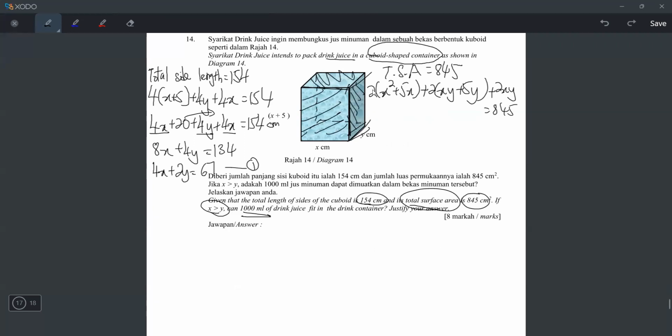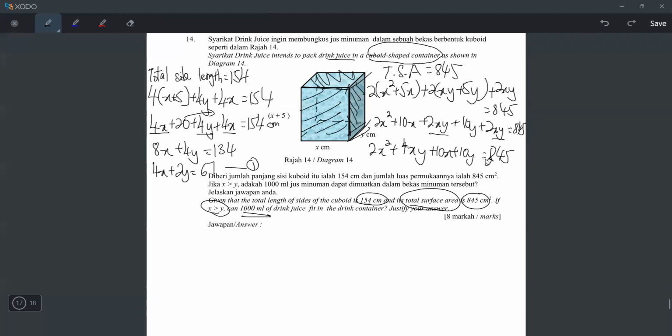Equals to 845. So now you expand, you get 2x squared plus 10x plus 2xy plus 10y plus 2xy equals 845. 2xy plus 2xy, okay, so the 2x squared I'll write first, and then 2xy plus 2xy is 4xy, right? And then plus 10x, and then plus 10y equals 845.